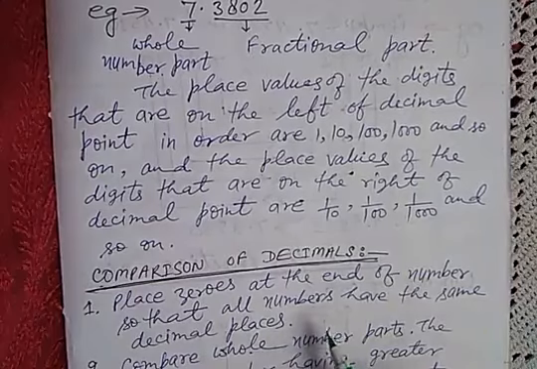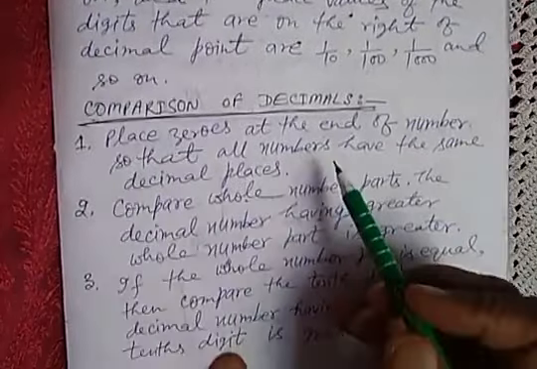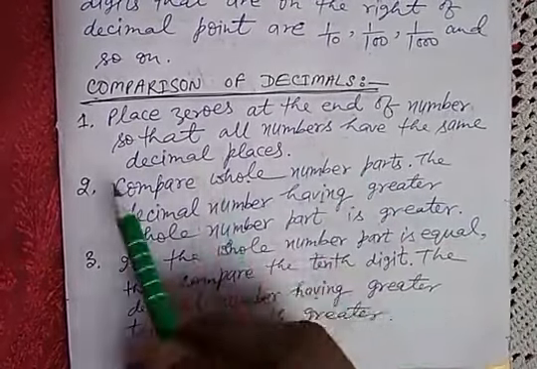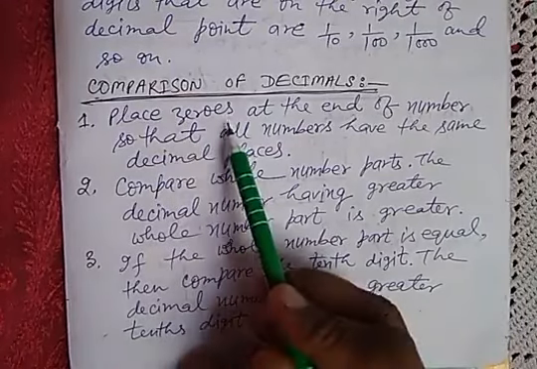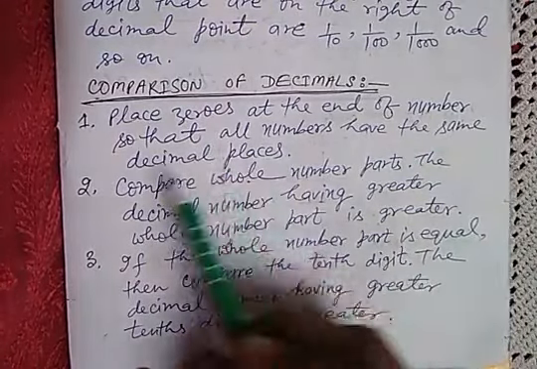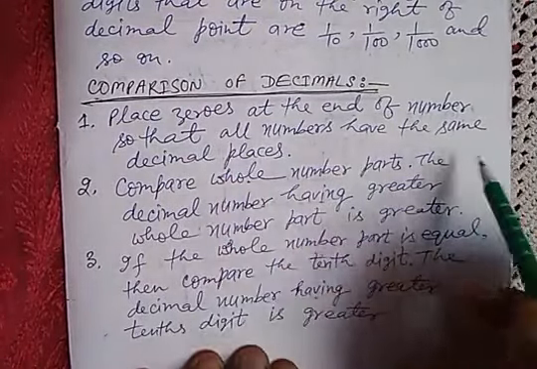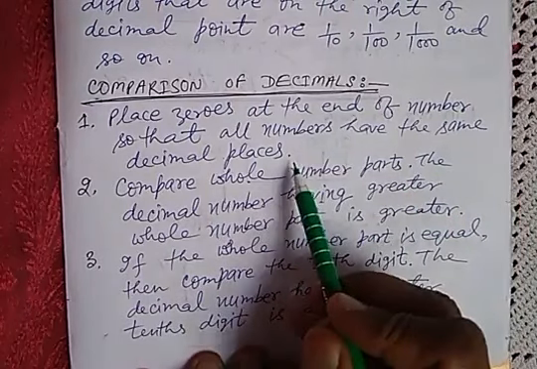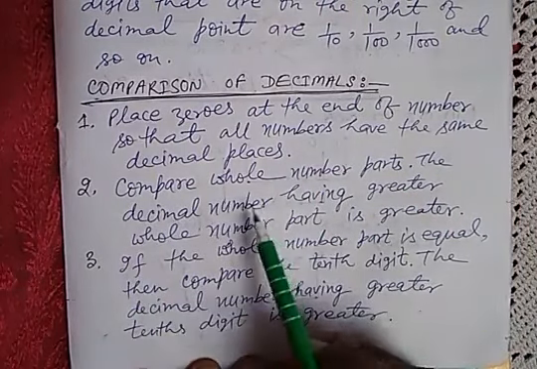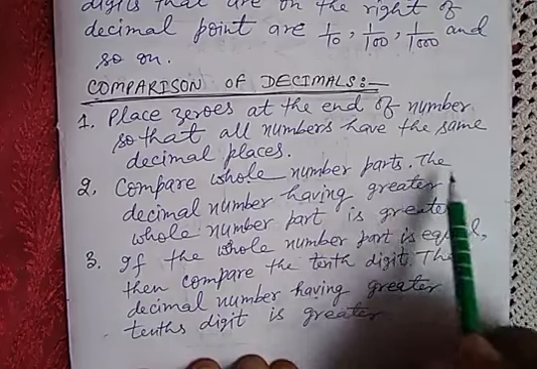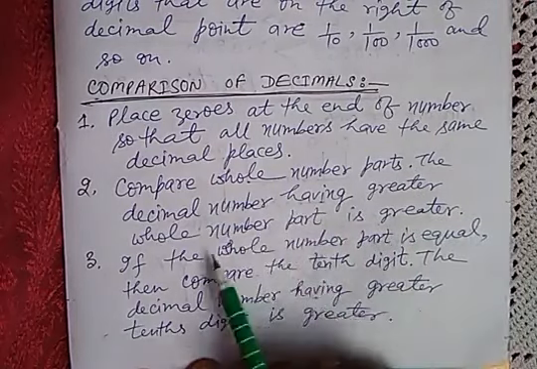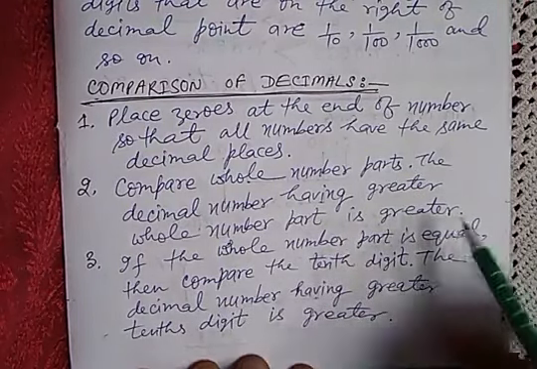Now, comparison of decimals. First point: place zeros at the end of the number so that all numbers have the same decimal places. Second point: compare whole number parts. The decimal number having the greater whole number part is greater.